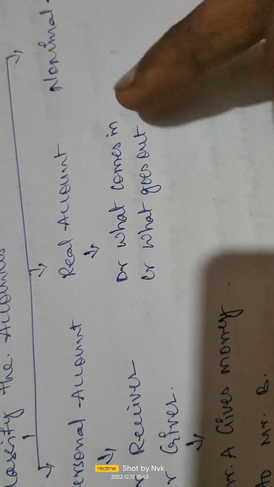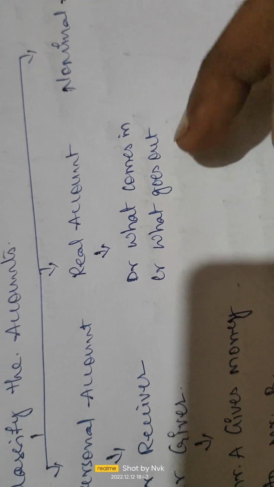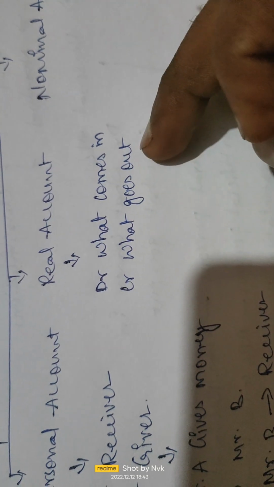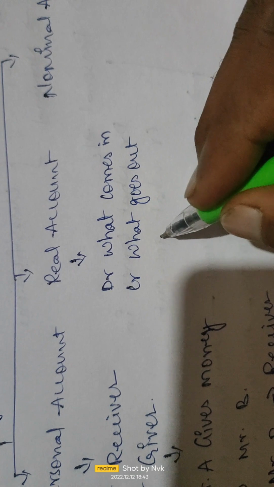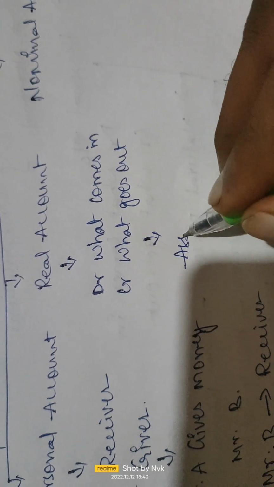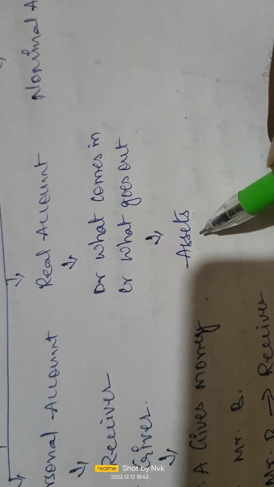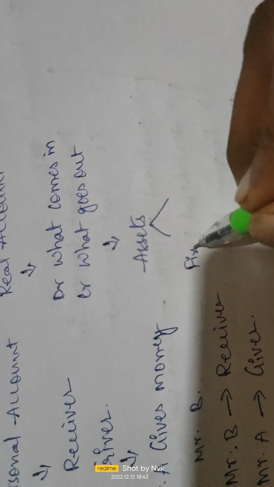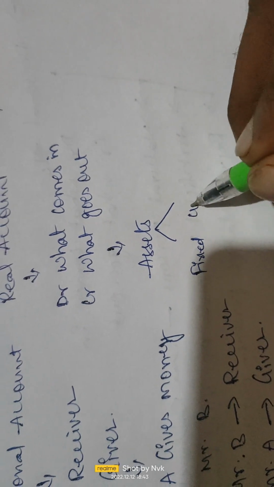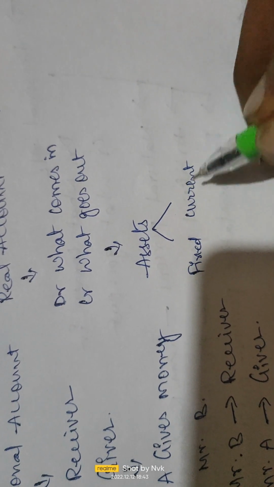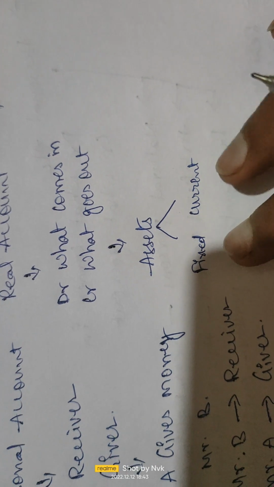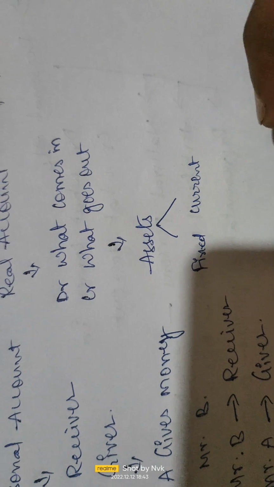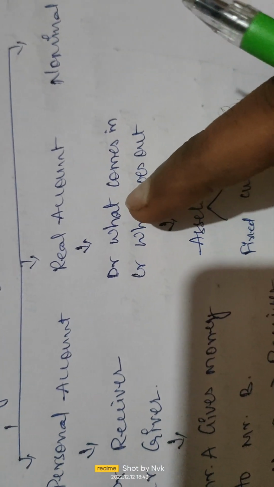The real account deals with assets, and these assets have two main classifications: fixed assets and current assets. There is another classification, the intangible assets, which are also part of the real account.